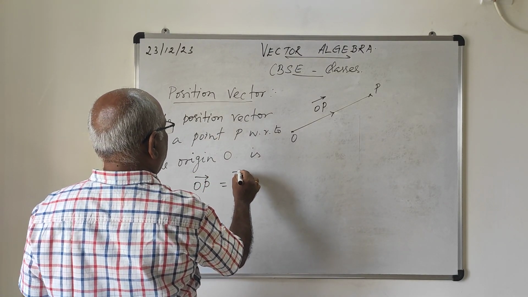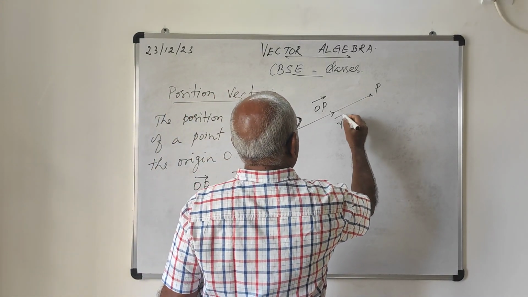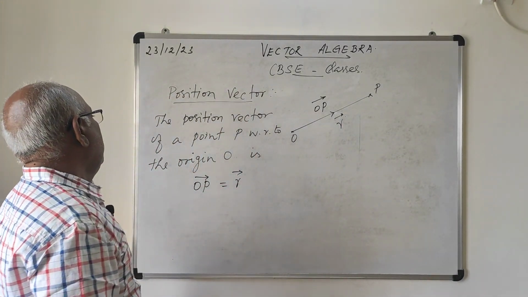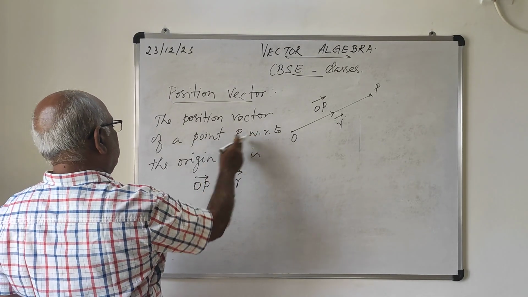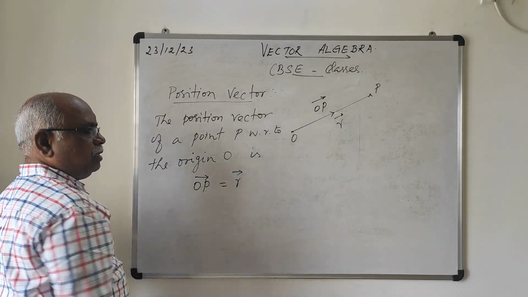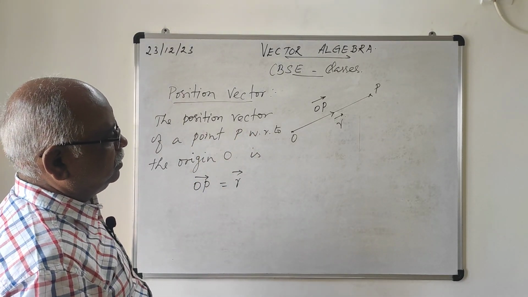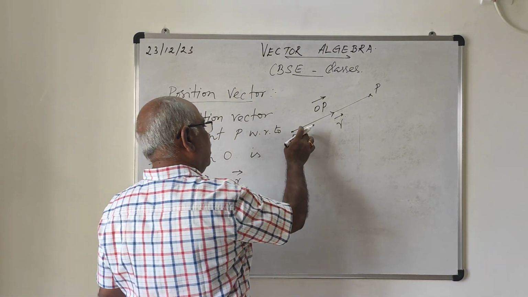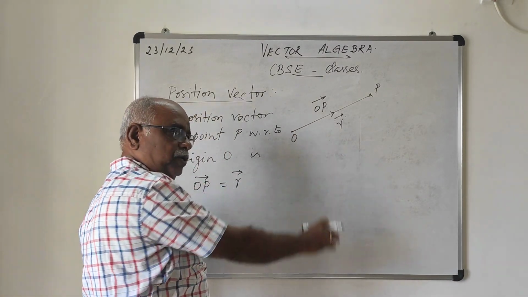It's also called R vector. Position vector. The position vector of a point P with respect to the origin O is OP vector, which is equal to R vector. The position vector is always referred by the initial point as origin only.